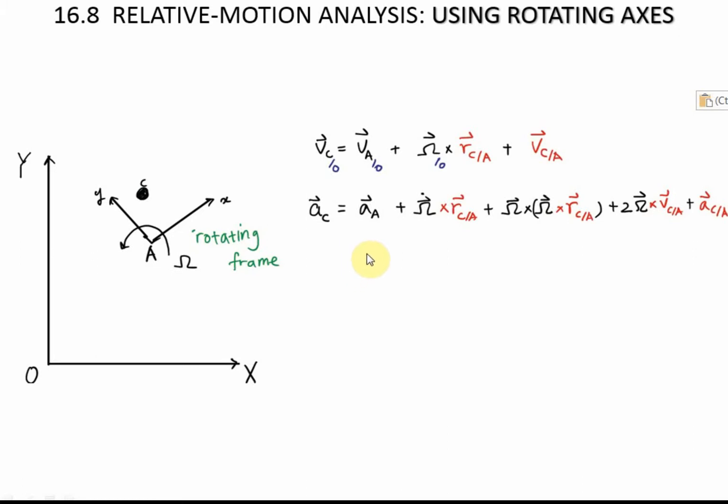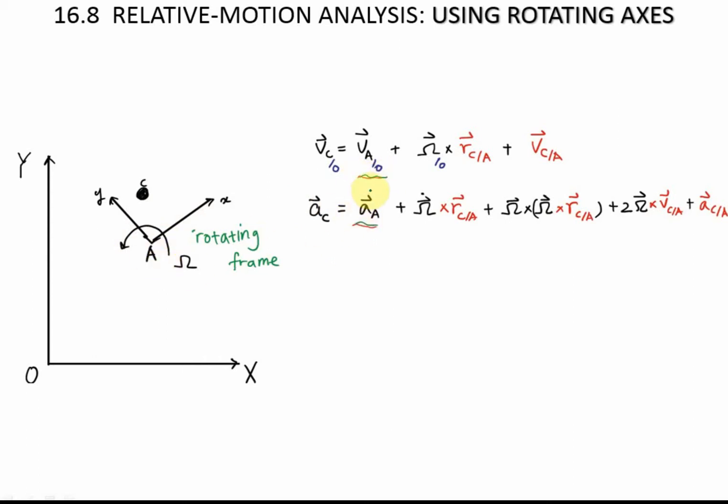That describes relative motion analysis using rotating axis. Let me clear a few things on here. Right now, since this rotating frame is not aligned with O, I have to add this term here, because your rotating axis can translate with certain velocity or acceleration.